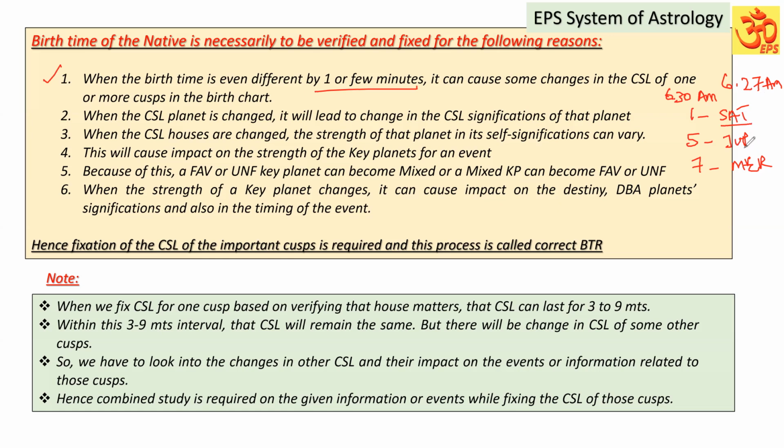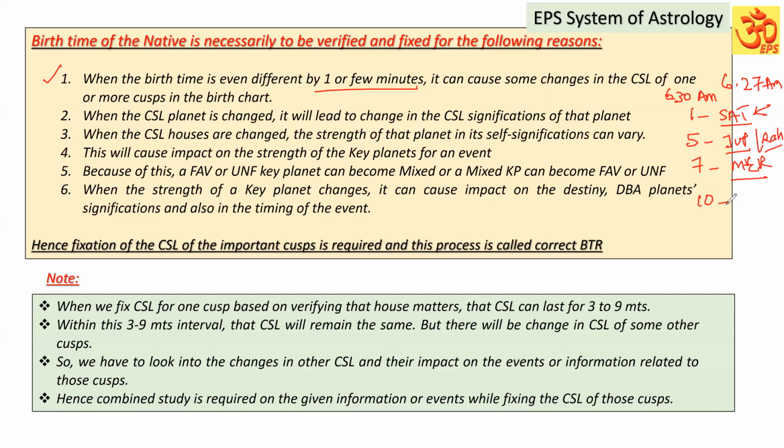Suppose that fifth cuspal sublord or seventh sublord are at the border. It means that just with the 3 minutes, that fifth cuspal sublord Jupiter can become Rahu also. Without any change in the Lagna sublord, the fifth cuspal sublord can change, the seventh cuspal sublord also can change, even other cuspal sublords can get changed without any change in the Lagna sublord.